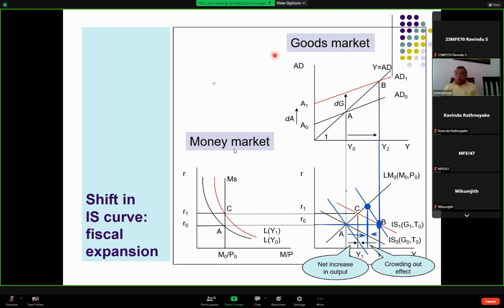So if you go back to the IS equation and look at the gradient, or the slope, the simple slope would be 1 minus small c over small i.